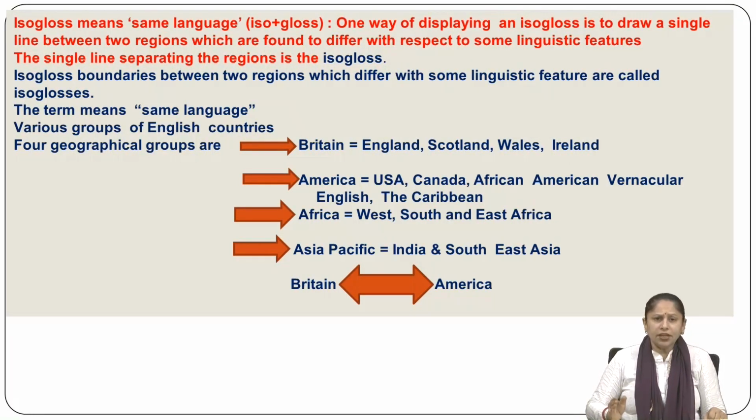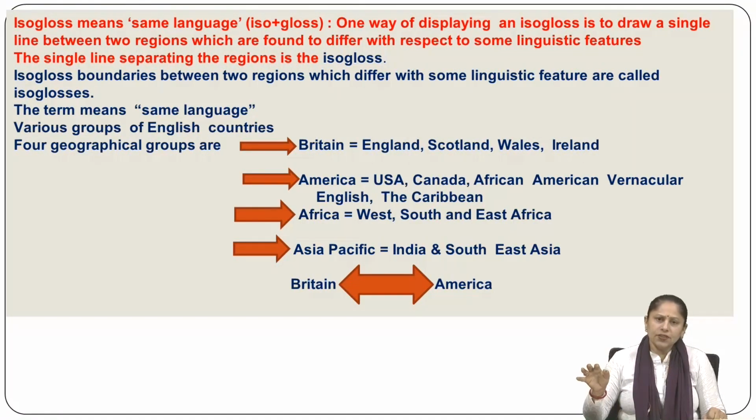Various groups of English countries, four geographical groups, are here that you can see in this particular slide. Britain comes under the categories of England, Scotland, Wales and Ireland.